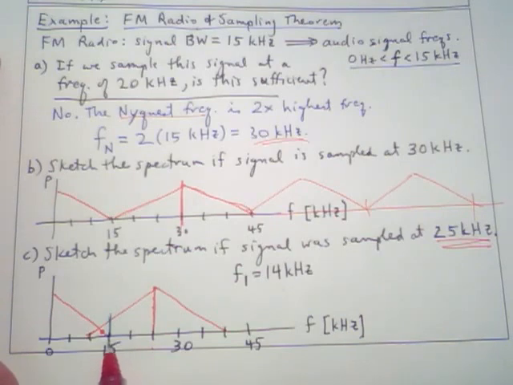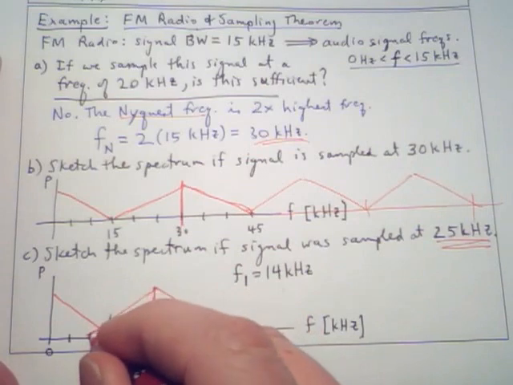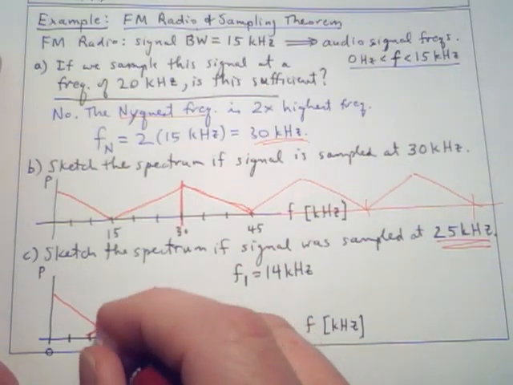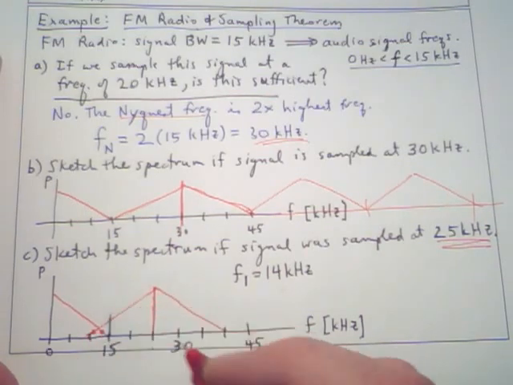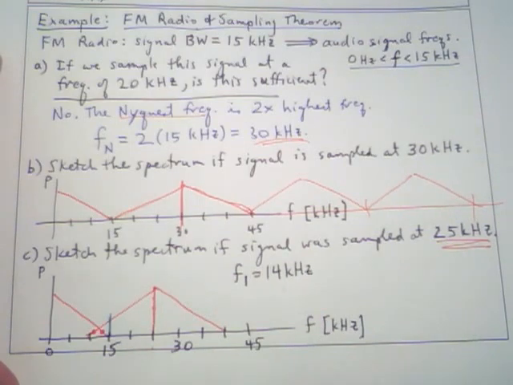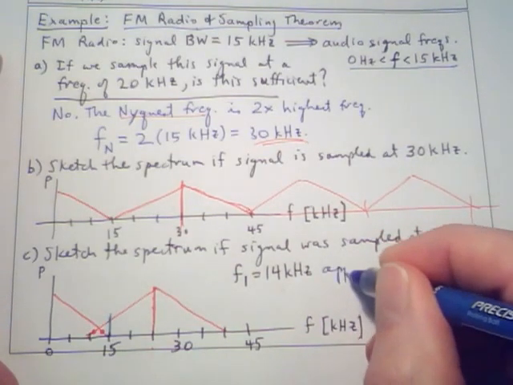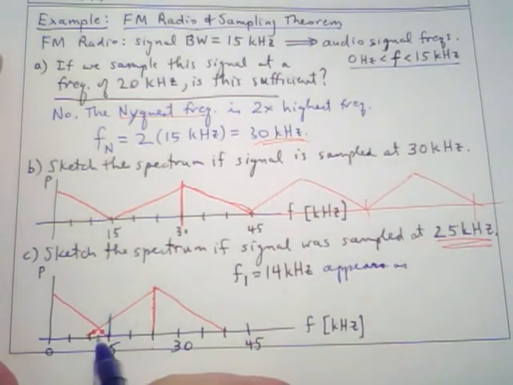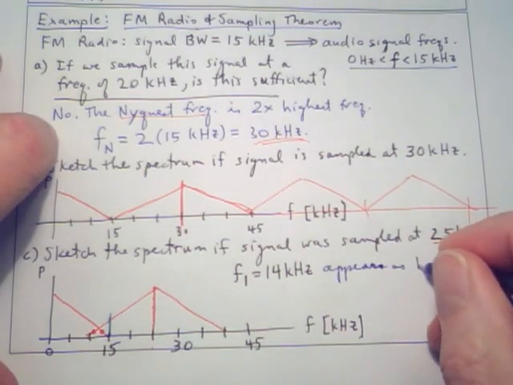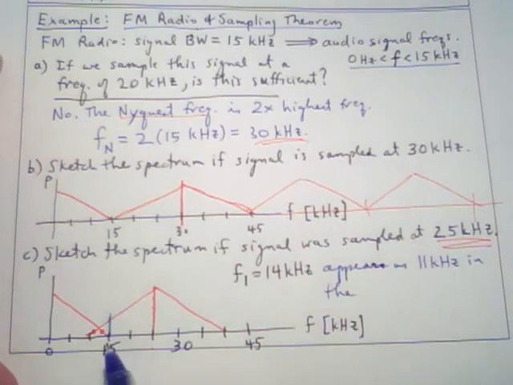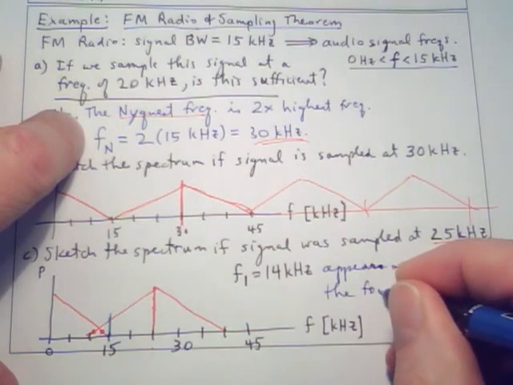It's 1 back from 15. That frequency is going to appear 1 away from 10 in the inverted frequency spectrum, or right here. So the frequency F1 of 14 kilohertz appears as 11 in the fold-over distortion.